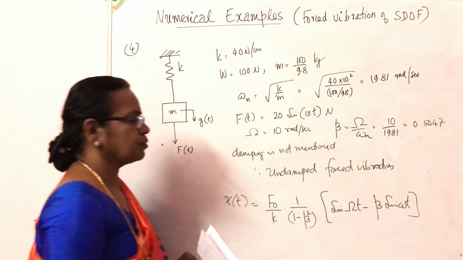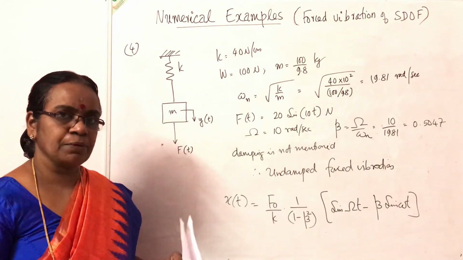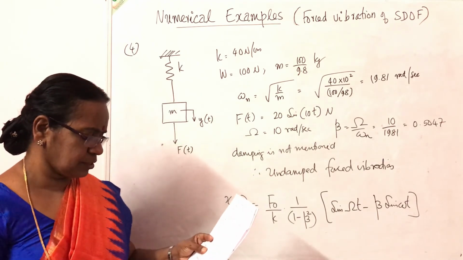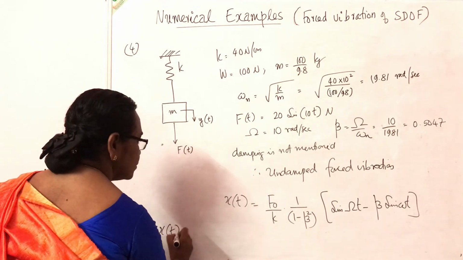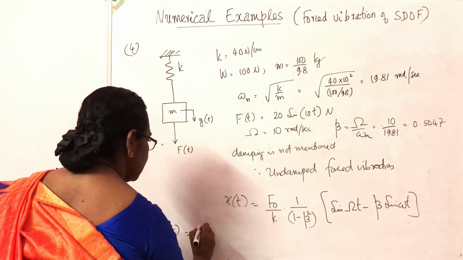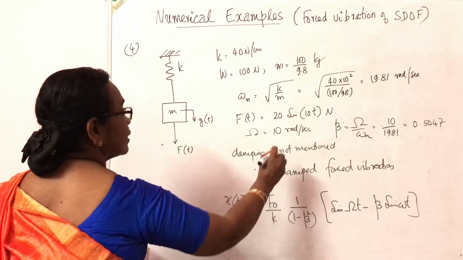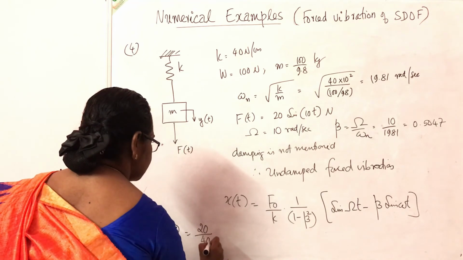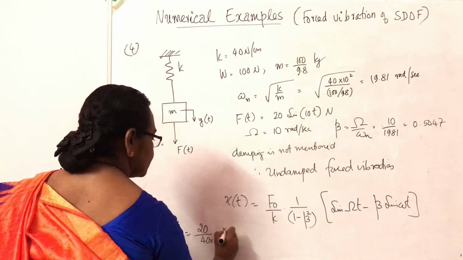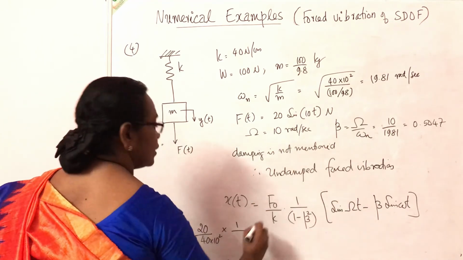This is the expression for an undamped forced vibration. We refer back to the derivation and we can write here x(t) is equal to F0, 20, by k. K is 40 into 10 square, into 1 by 1 minus beta square.